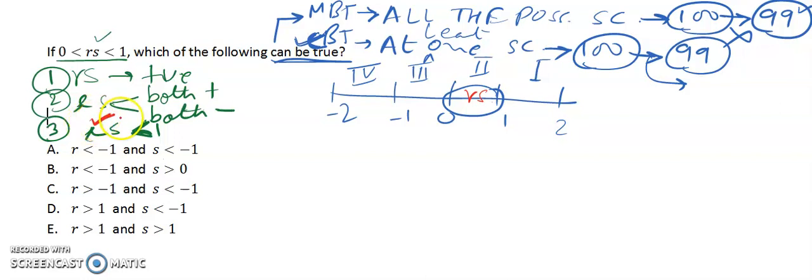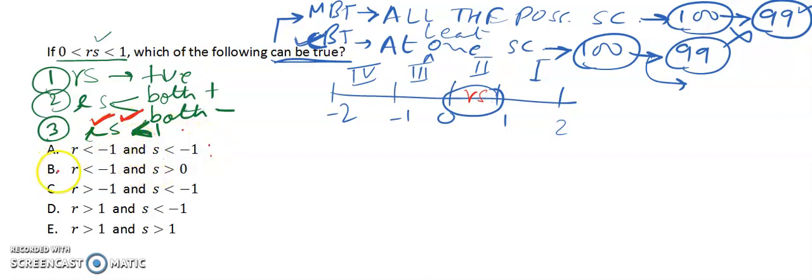Same is the case with S, it can have any small value, any negative value, any positive value. But the constraint is that their product has to be less than 1.